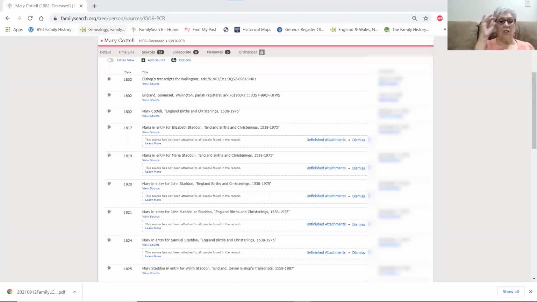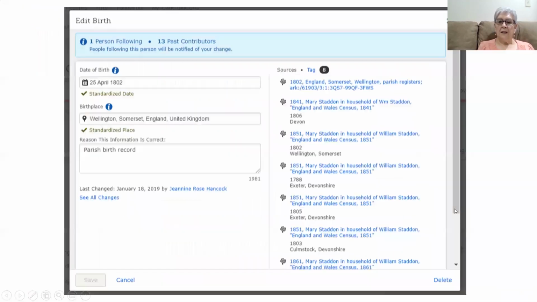And as you can see, in 1822 there's no marriage again for her. Then I went to the births that were tagged to her birth. And here we go. She's in Devon, Wellington, Somerset, Exeter, Cornstock, and some others. So again, there's definitely something wrong here.